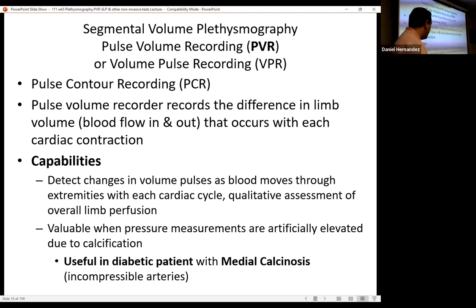But if they have this medial calcinosis, those pressures are falsely high. So their vessels might be really diseased, they might have a lot going on, but because of this, the pressures aren't so bad. But then we look at our pulse volume recordings, our waveforms, and no, they're not good. So these can help us in instances when patients have falsely elevated pressures, when the two don't jive.